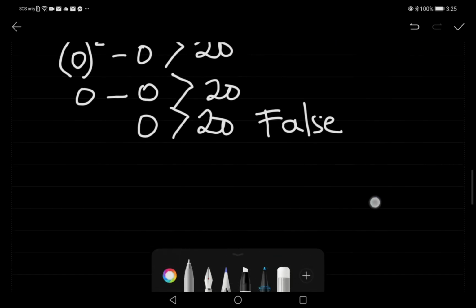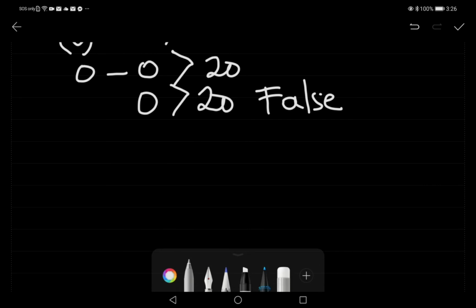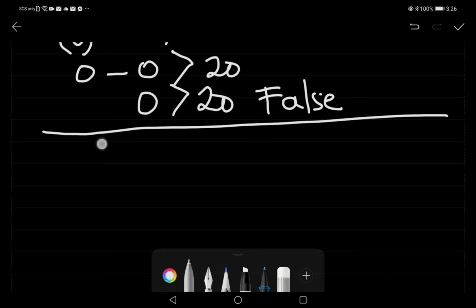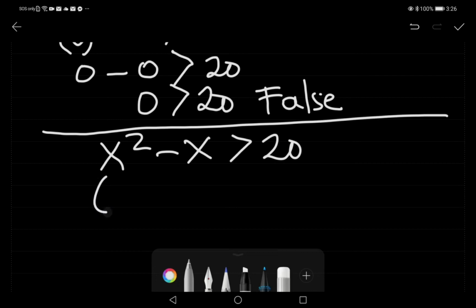So ang given inequality is, ato na siyang isuwat, x squared minus x is greater than 20. So piliun na to ang 6, atong i-substitute diri. 6 squared minus 6 is greater than 20.